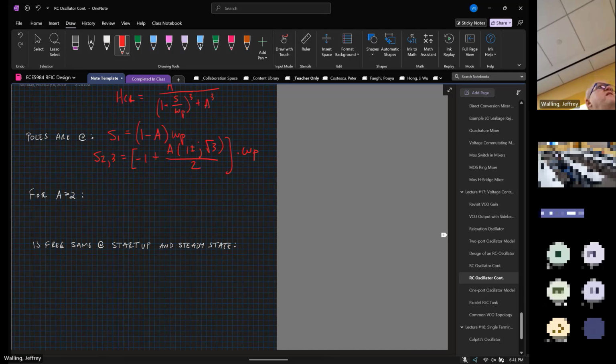And if we set A just greater than 2, we can show that s2 and s3 are in the right half plane. So that's the thing that will cause our oscillation to kick off.